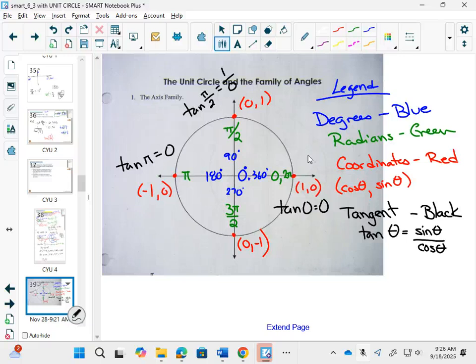It's bad. Don't try this at home. So what we write is it's not possible or undefined. And the same thing here at 3 pi over 2, that 0 would be on the bottom. You'd have negative 1 over 0, so that means that it is undefined there as well.